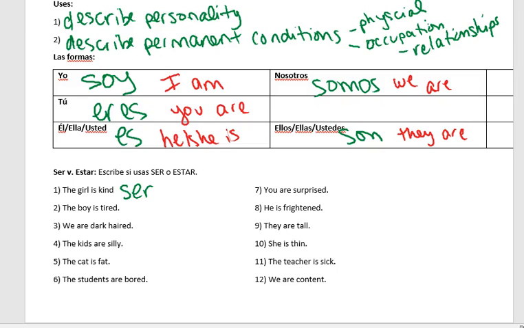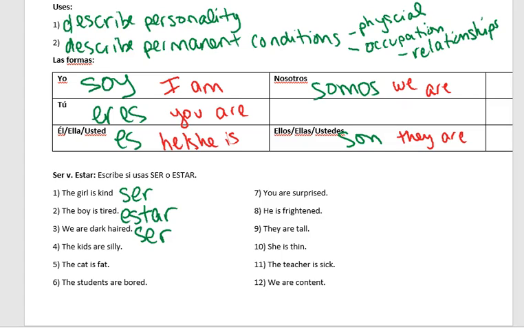Tired is an emotion, so that is estar. We are dark-haired. Those are physical characteristics. They are permanent conditions, so that is ser. Okay? So pause the video and go ahead and finish 4 a 12.